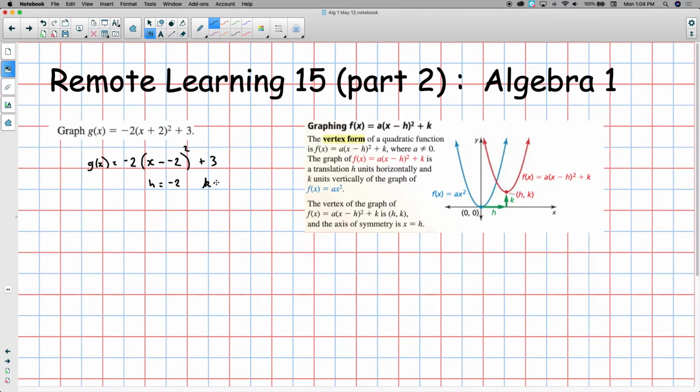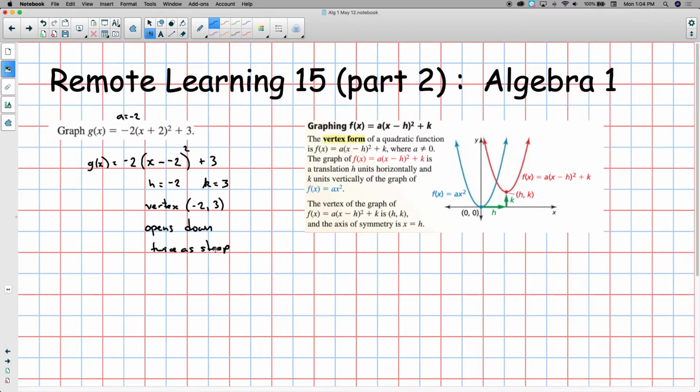But then that's not true for k. K is just whatever that number is. Between those two pieces of information, I now have the vertex, negative 2, comma 3. I also know that a is negative 2, so it opens down. And I know that it's twice as steep.